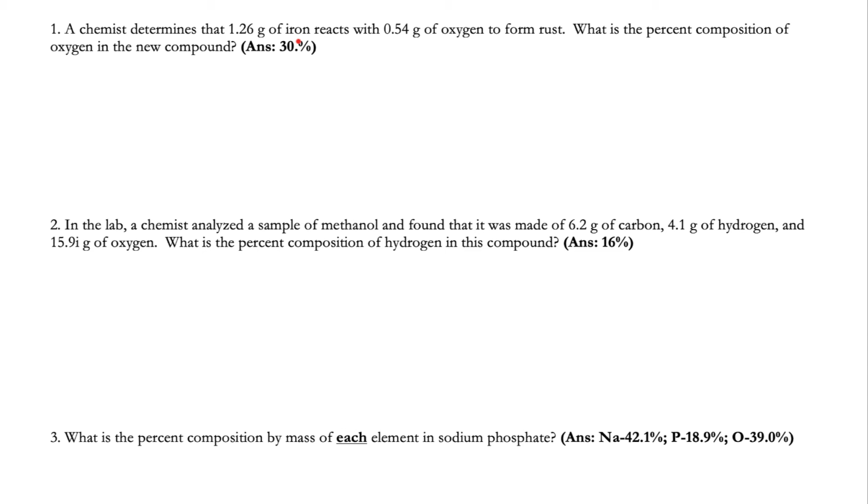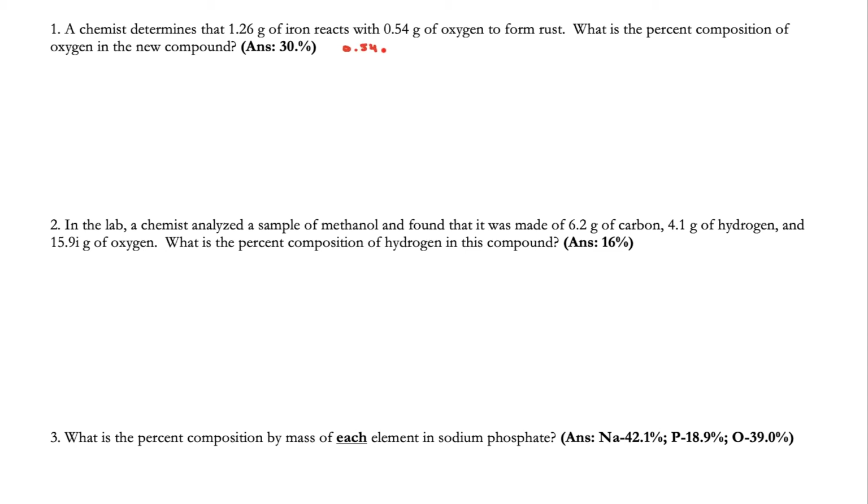So the first question says a chemist determines that 1.26 grams of iron reacts with 0.54 grams of oxygen to form rust. What is the percent composition of oxygen? In order to determine percent composition, you need to take the mass of what you are interested in and divide it by the total mass of the compound. In this case, I'm interested in oxygen, so its mass is 0.54 grams.